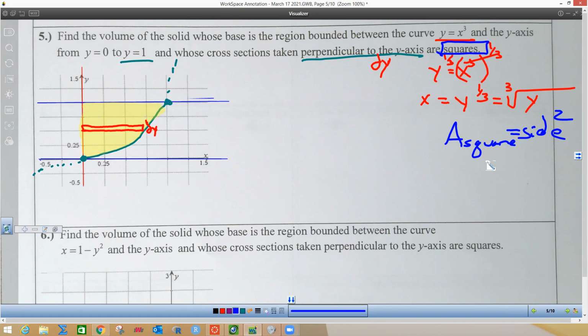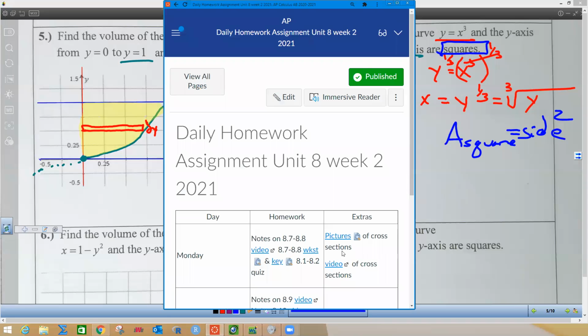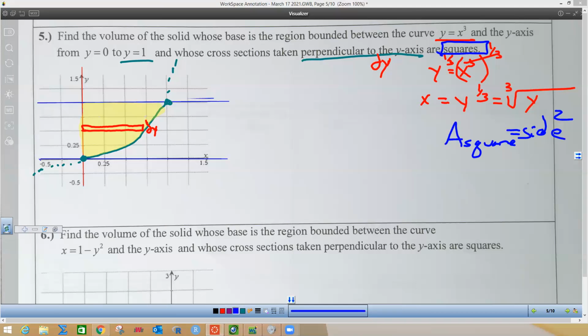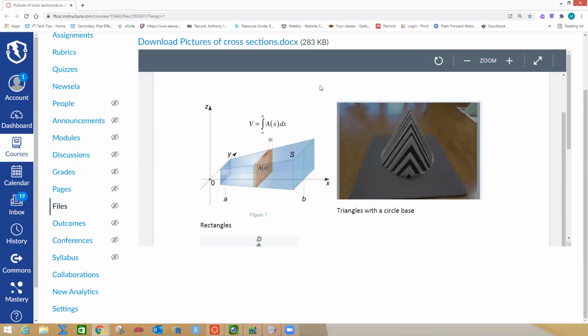I'm going to pull up my Canvas page here real quick, because if you haven't seen this, this is kind of freaky. So I want to show you what these things look like. On my Canvas page, you see that says pictures of cross sections right here? I'm going to click that, and that's coming up on my other screen. I got some pictures off the internet of cross sections.